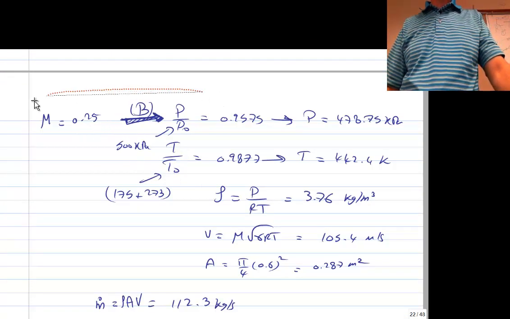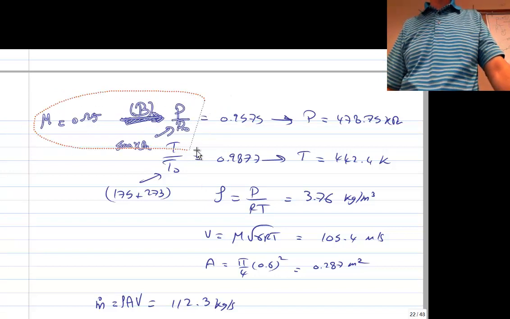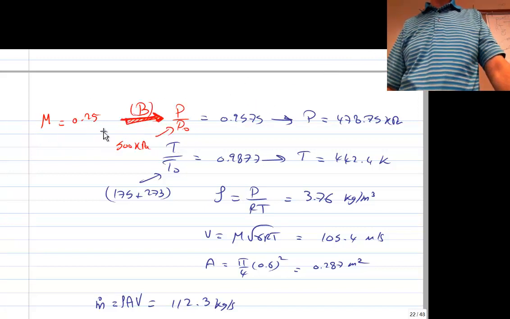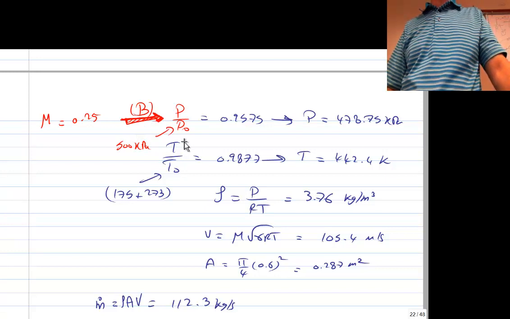When you see something like this in the solution, you can do this in the exam and the homework too. What do I mean by this? It's just from the table. I'm saying Mach 0.25, Appendix P, gives P over P naught.